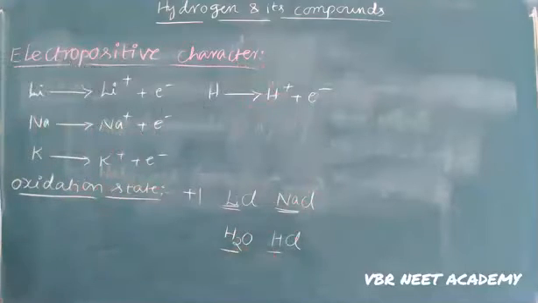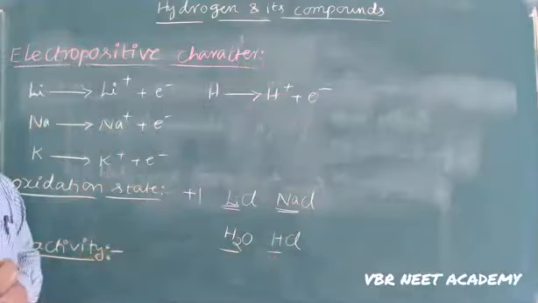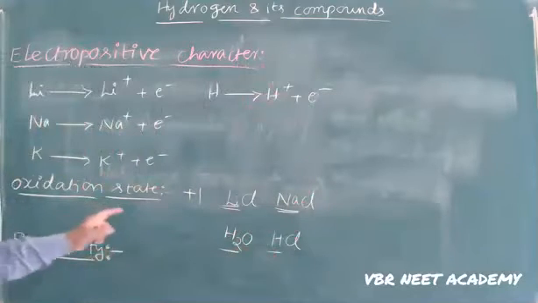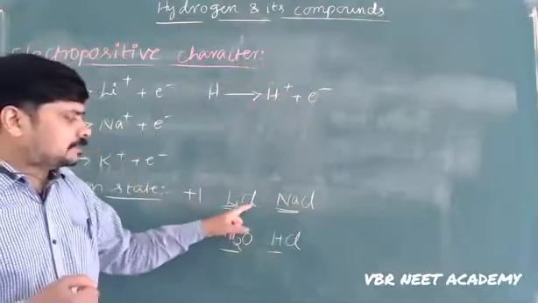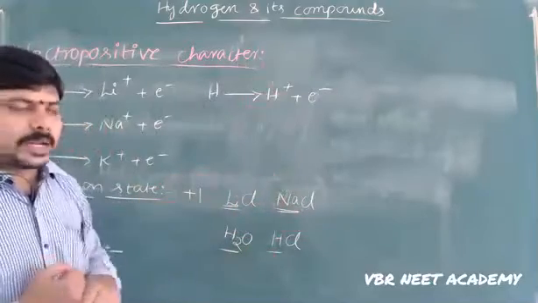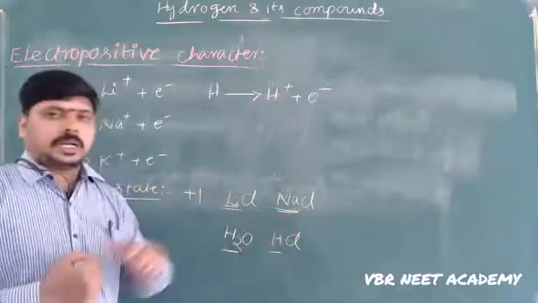Now when we take reactivity, what reactions can we get to know? When we take lithium, it is going to form chlorides: we have lithium chloride, sodium chloride. Hydrogen is also going to form hydrogen chloride.